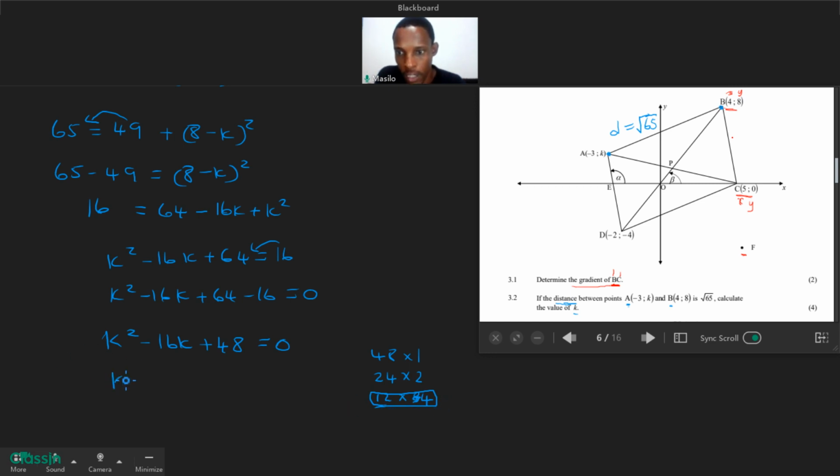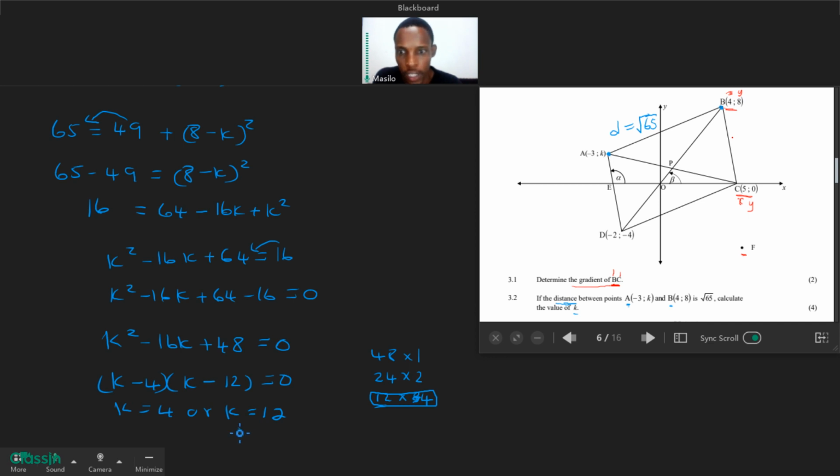So meaning that (k minus 4)(k minus 12) equals 0. The other one is 4, the other one is 12. But the bigger number takes the sign of the middle term. This is also negative. Therefore, k is equal to 4 or k is equal to 12. Let me check: 48, negative and negative, yes.